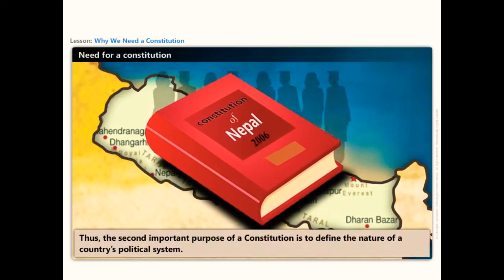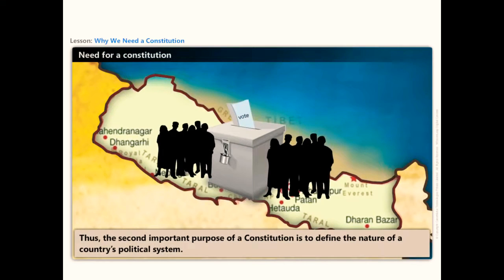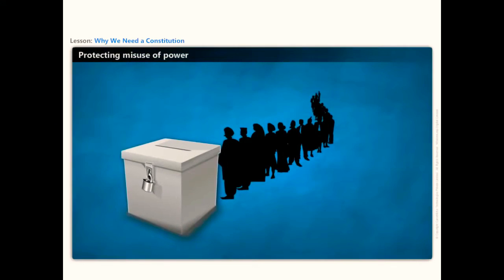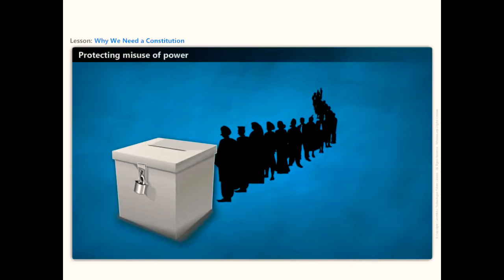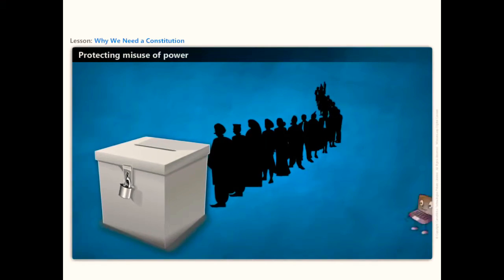Thus, the second important purpose of a constitution is to define the nature of a country's political system.